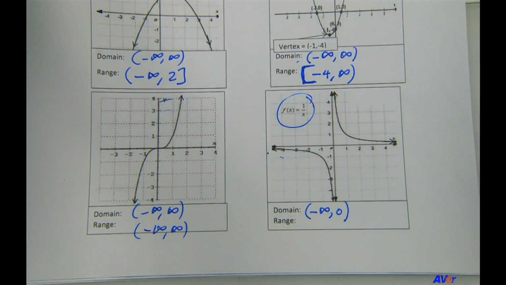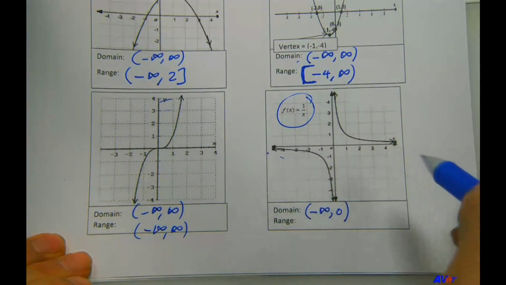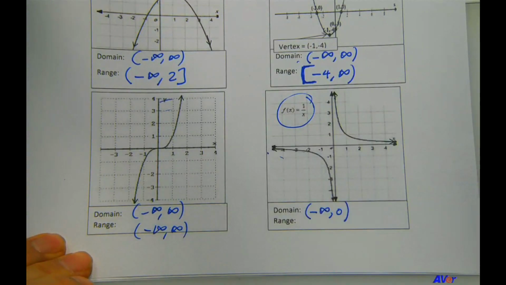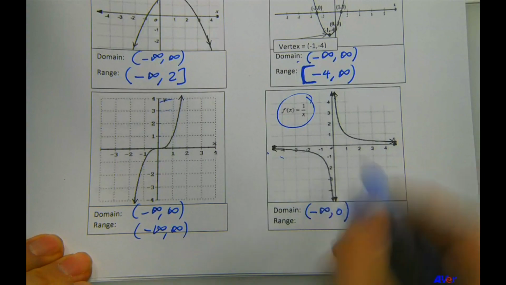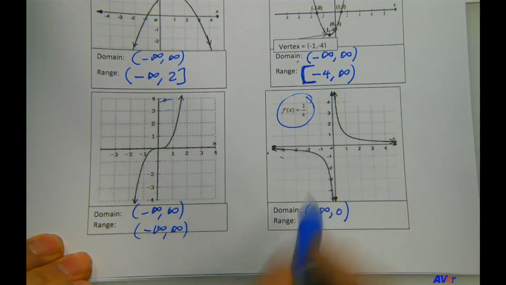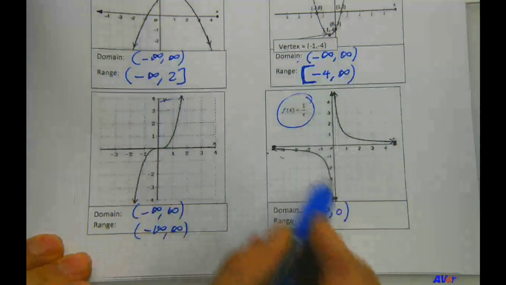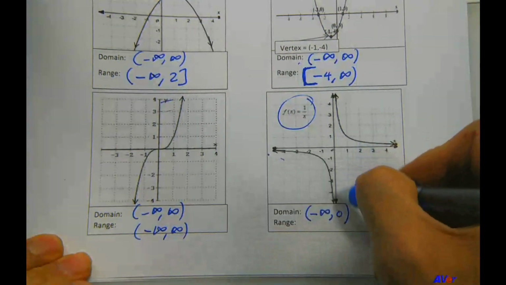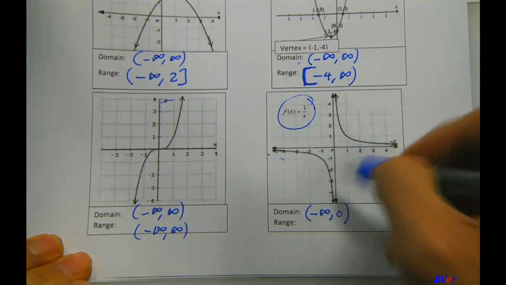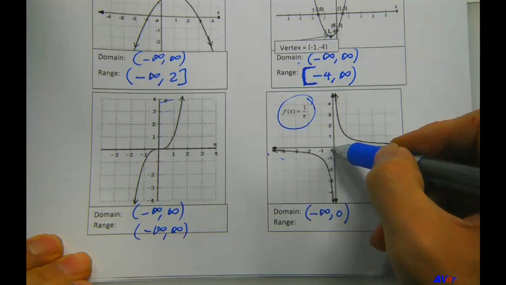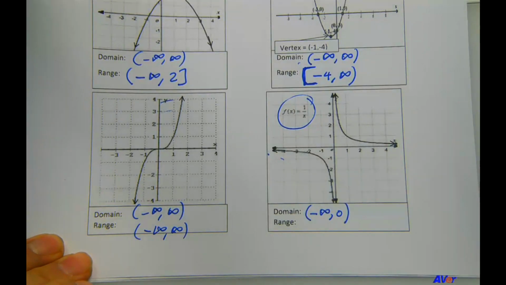At this point, we're not concerned about y. We're just concerned about what this graph does with respect to the x-axis. Okay, so that's what that piece does. It comes from -infinity along the x-axis, and it approaches 0 along the x-axis. As it drops down, it approaches x equals 0. But it can never be 0, because 0 would make this denominator 0, and it would make the function undefined.